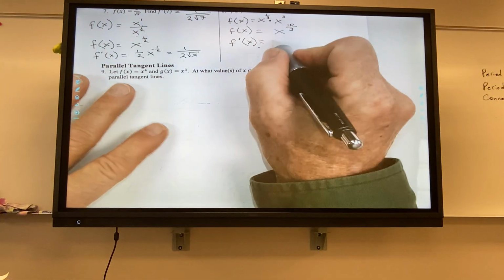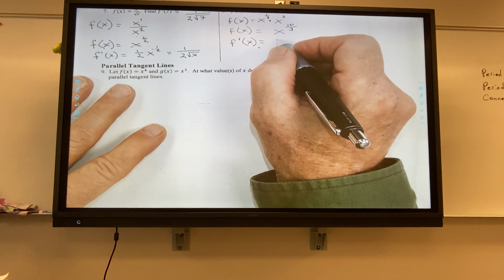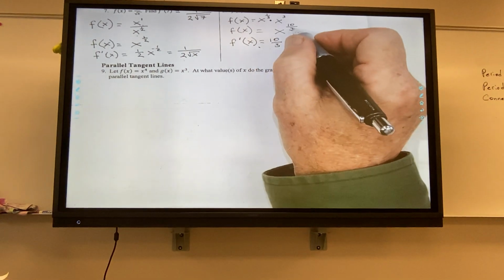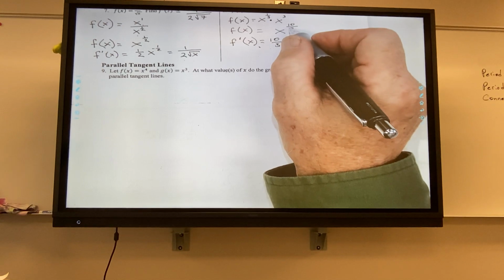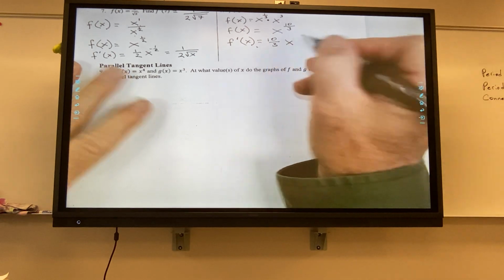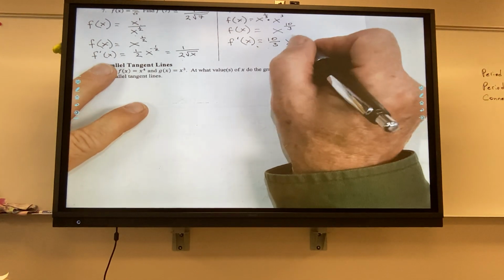What number goes in front, for sure? 10/3. Is everybody understanding that that exponent is going to end up being in the front? Okay? Now here's the hard part. You got to subtract 1, which is like subtracting 3/3, correct? So if you've got 10/3 and you get rid of 3/3, it's going to leave you with 7/3.